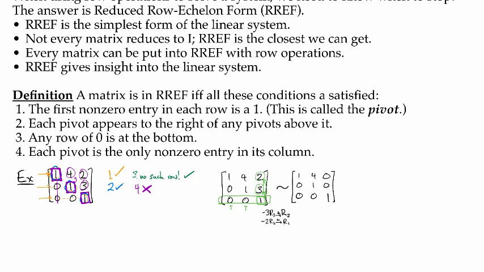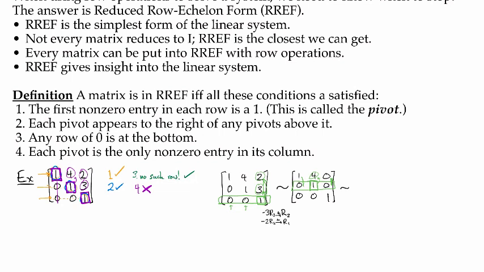Now everything is looking great for the last pivot. It is the only non-zero entry in its column, but we still have to deal with this 4. Since I've cleared up the other entries, that will be very simple, because now the second row is a useful tool, as it has only one non-zero entry. I can use it to get rid of the 4, and I don't have to worry about messing things up elsewhere, because the only other things in this row are zeros.